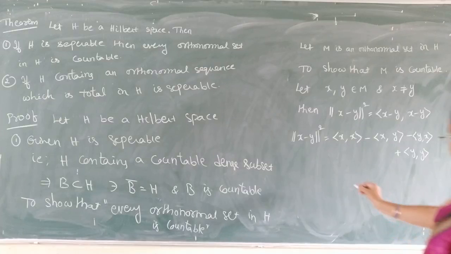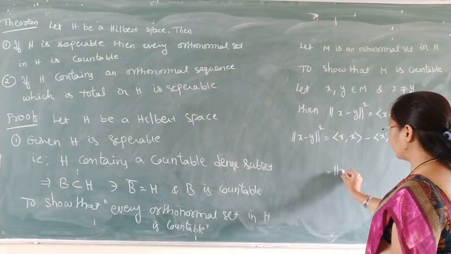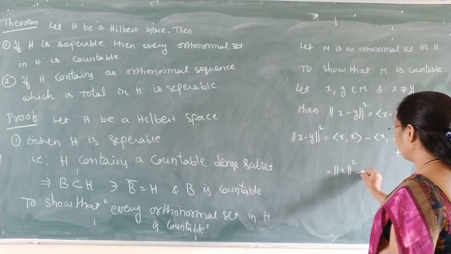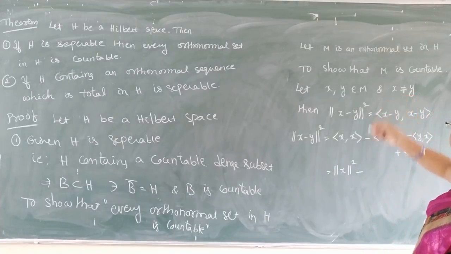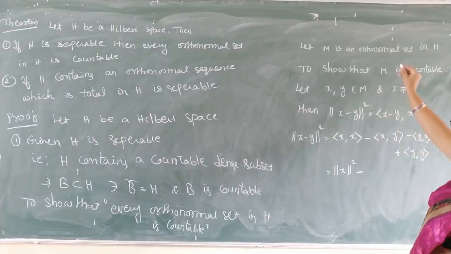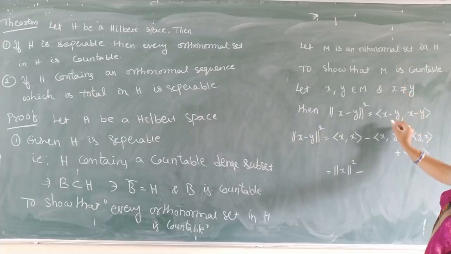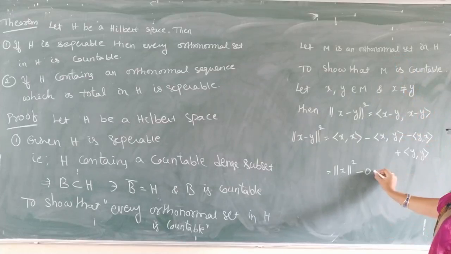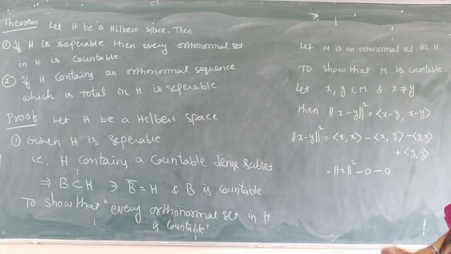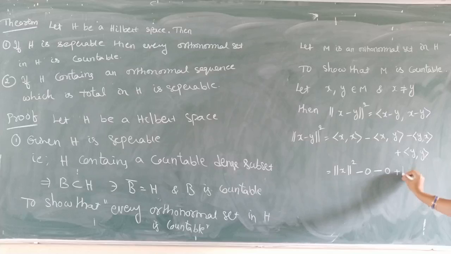Now here this is norm x squared, minus. These two are distinct elements, so by the definition of an orthonormal set, when two elements are distinct, the inner product goes to 0. Similarly, the third term is also 0, and the last one is norm y squared.